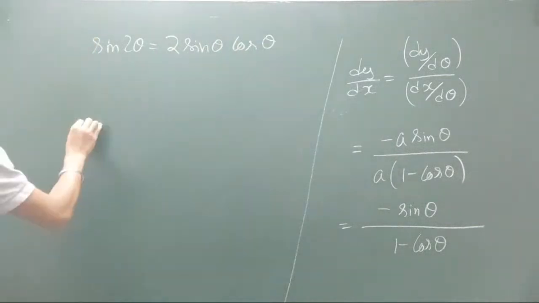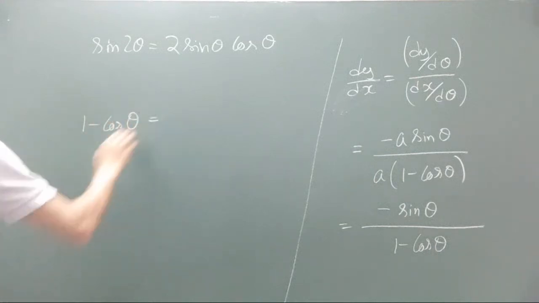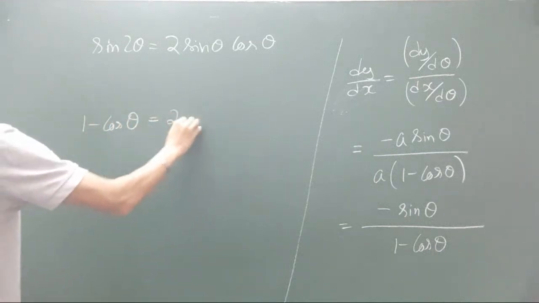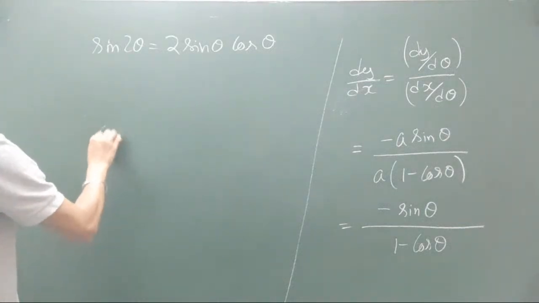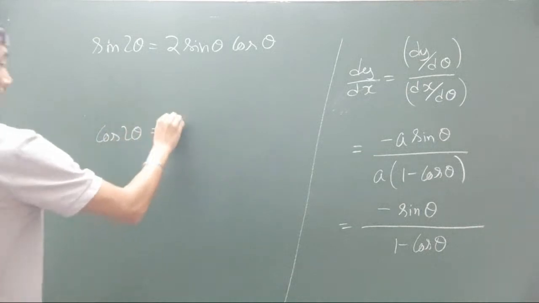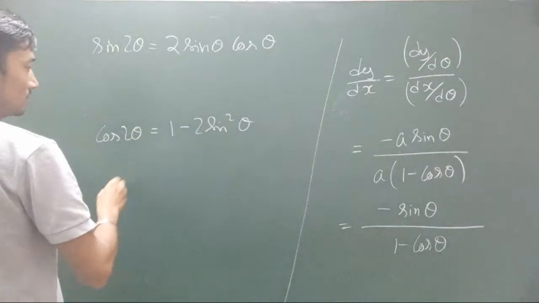And do you remember 1 minus cos theta formula? Anyway, multiple angles. So cos 2 theta was 1 minus 2 sine square theta.